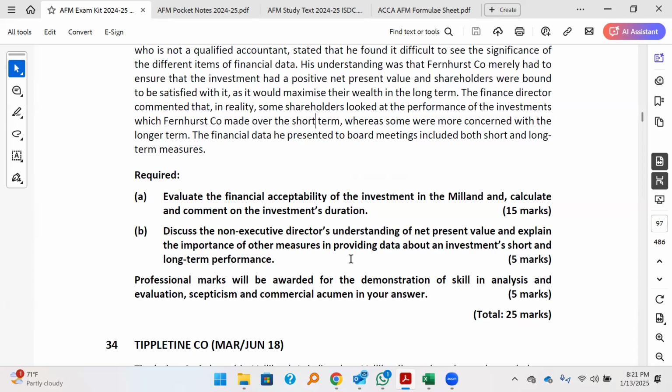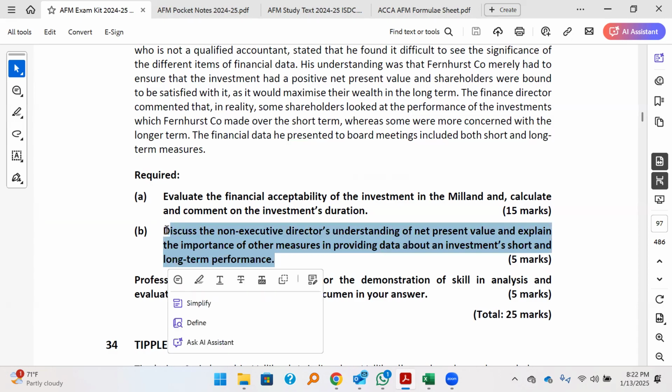So for them, they may want the project to be paying back in a short while, which means that to them, it matters not only if the project is profitable, but if it pays back fast. That's why a payback period now comes into play. Okay, so basically you are now discussing the short-term and long-term performance, and also why NPV may not help you with that.